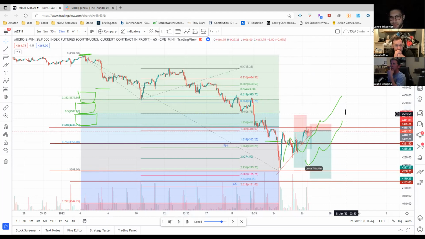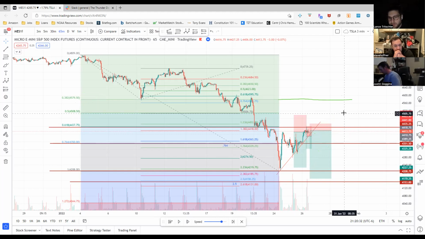So what I mean by that is, say this is our 0.764, which it is, or no, I'm sorry, this is our 0.618. So if this is our 0.382 level up here, hold on, let me clear all this other shit first. So what we'll probably see if it retraces to the 0.382 is, okay, it'll trade up to the 0.618, trade back down, trade back up to the 0.618, and then break out of here, maybe do something like this, and then make a new high.